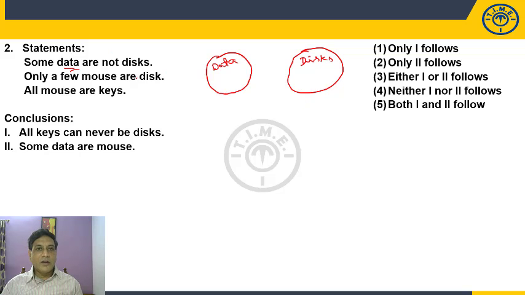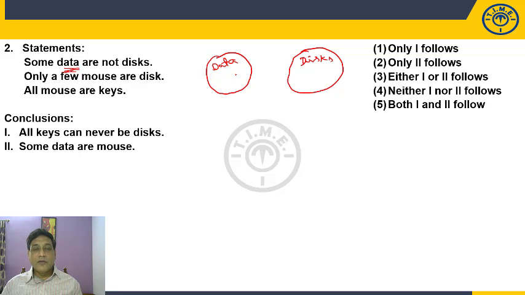Some data are not disk implies that some we have to necessarily keep outside. And this statement is not telling us about the remaining. So in the basic diagram, we try to keep the circles as much away as possible. So all we need to do is show some data are outside disk, that we have shown.